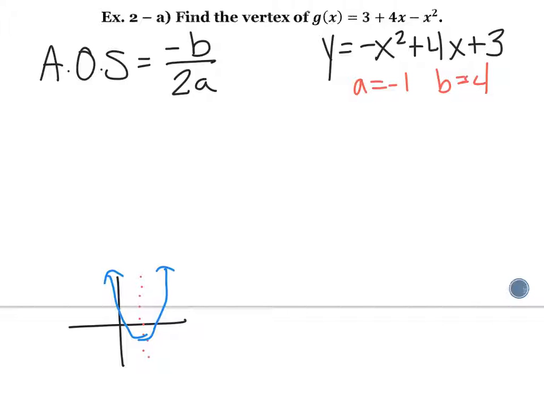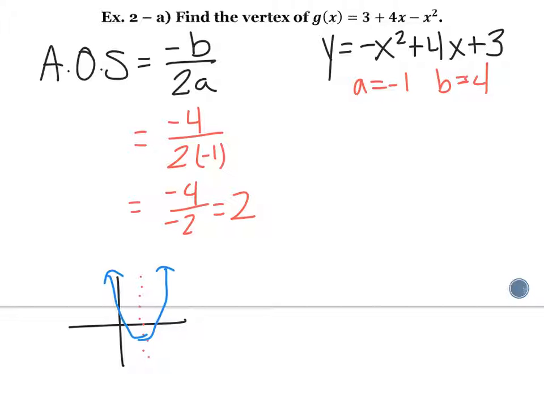And you just go ahead and plug it in. So you have negative b, so that means we have negative 4 on top. And then we have negative 2 on the bottom, from 2 times negative 1. And so you get negative 4 over negative 2, which means my axis of symmetry is 2. So that's where it cuts my parabola in half.